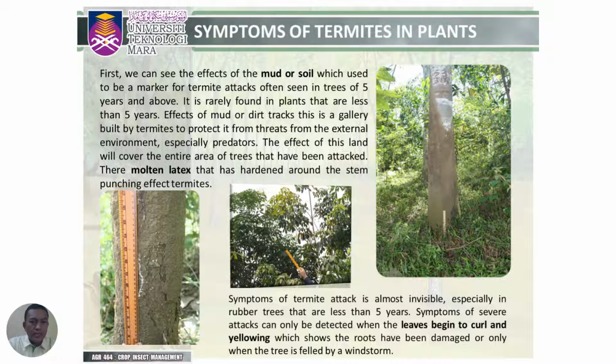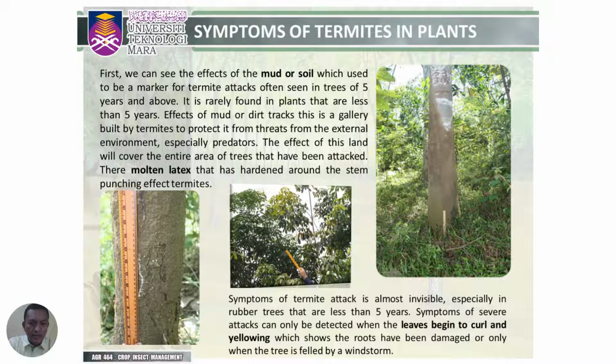The mud or dirt trap is a gallery built by termites to protect them from threats from the external environment, especially predators. The mud will cover the entire area of trees that have been attacked. The mud that has hardened around the stem shows the effect of termite attack.